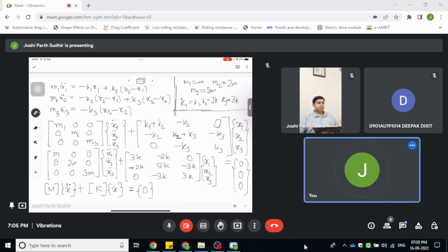We will get the equation of motion again in this form. So now if we have to derive the natural frequencies, for that we have to first set up the eigenvalue problem.